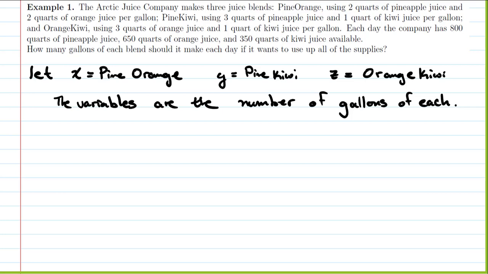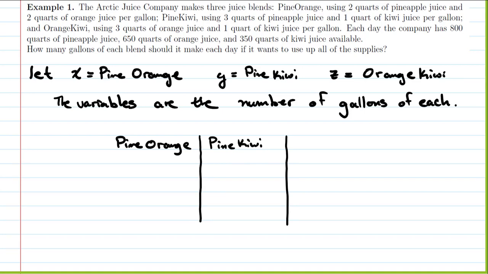When you think of a spreadsheet, Excel, or something, when you make a table of values, what you're really doing is just putting it into a spreadsheet or organizing it as such. So I'm going to label my table, so pine orange, pine kiwi, and orange kiwi.